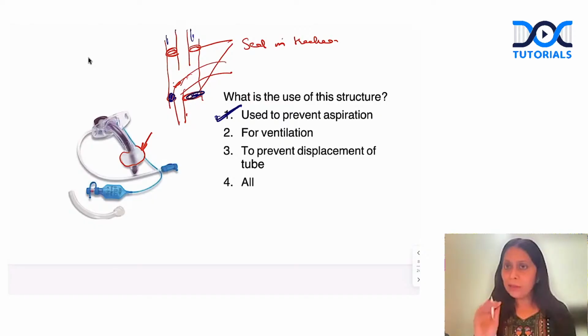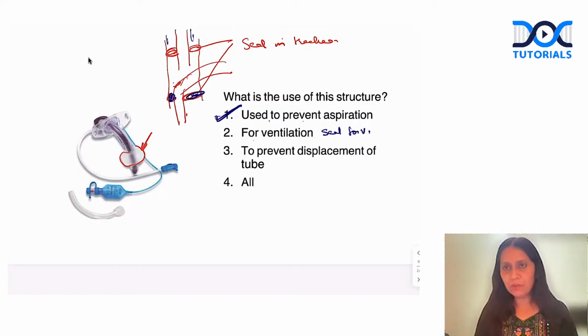If the question had said create a seal for ventilation, and both were options and both were correct, I would have gone for both. But in this case, used to prevent aspiration is my answer, because the cuff is required to create a seal for ventilation, but it is not used for ventilation. Got it?